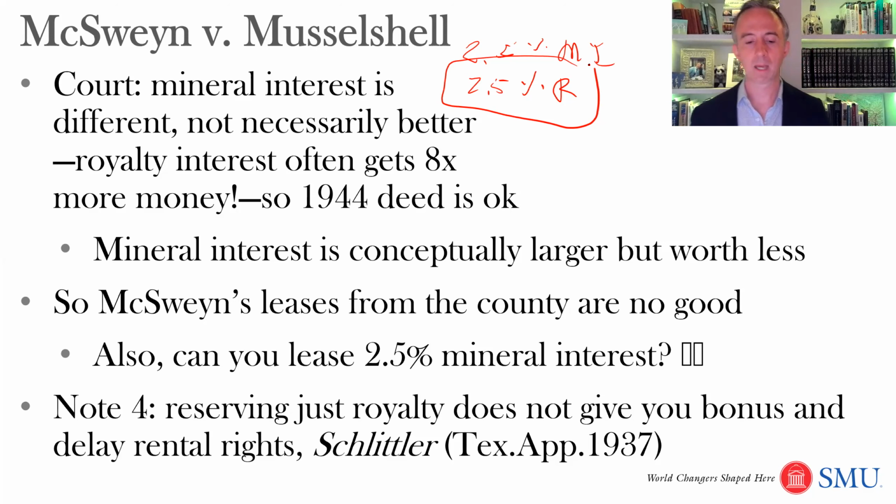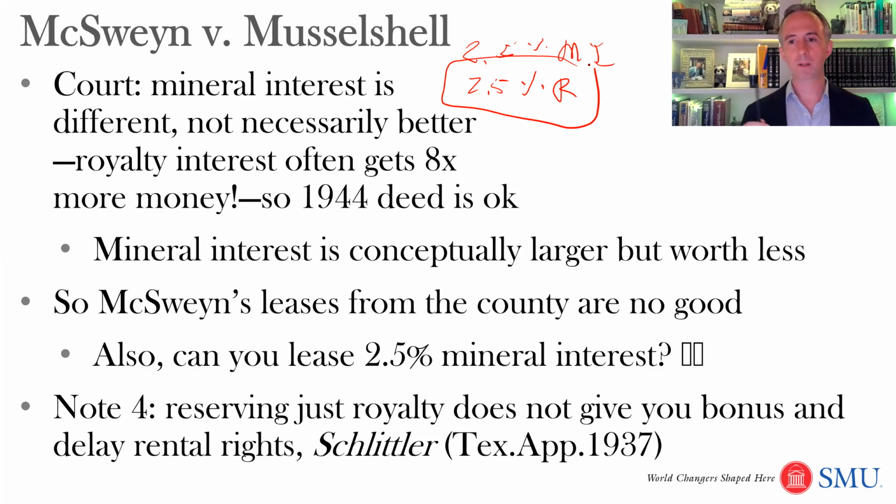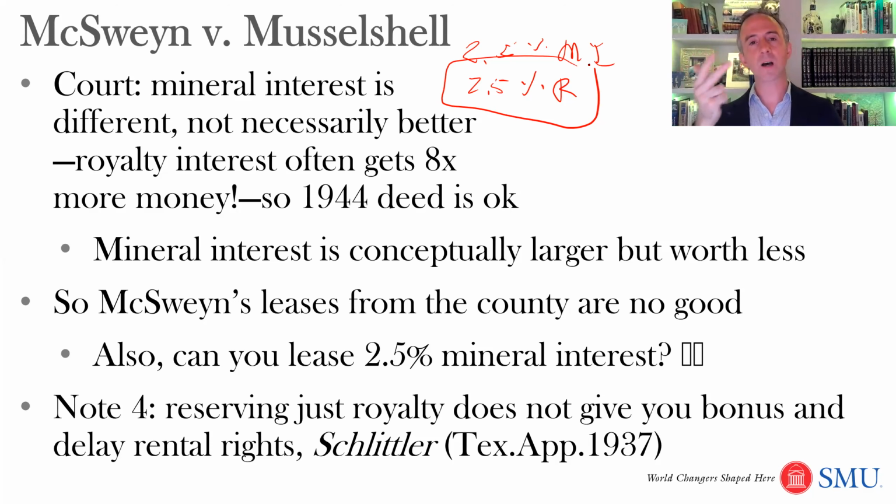All right. So note that there are some other things that you miss out on if you just have a royalty interest. If you had the 2.5% mineral interest, that means you get 2.5% of any royalty that's paid on the land, but you also get 2.5% of the bonus and delay rentals and shut-in royalties. So you get those other pieces as well.